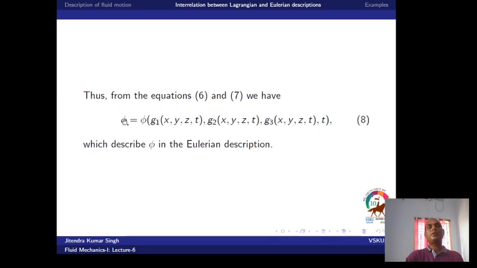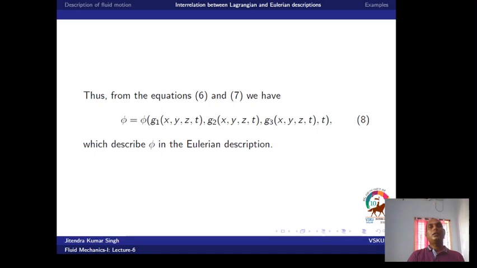Therefore this quantity phi will be a function of the space coordinates x, y, z, t. So equation 8 describes this phi in the Eulerian description. So a quantity phi is given in the Lagrangian description, and we found the quantity phi in the Eulerian description.